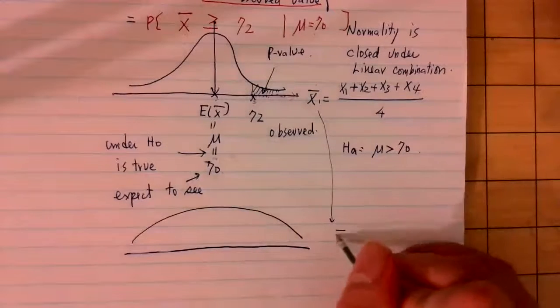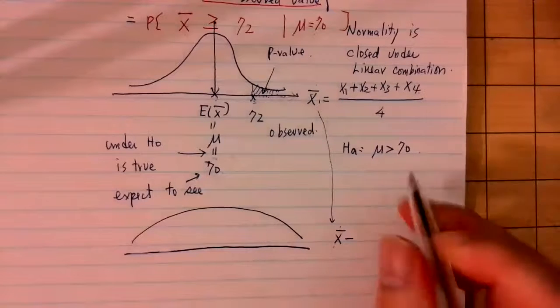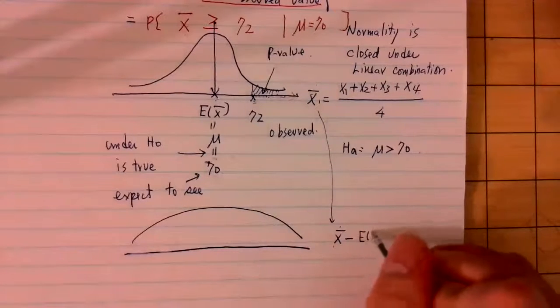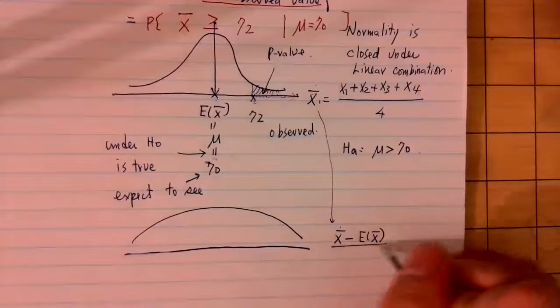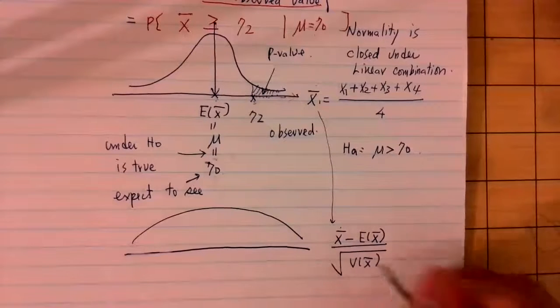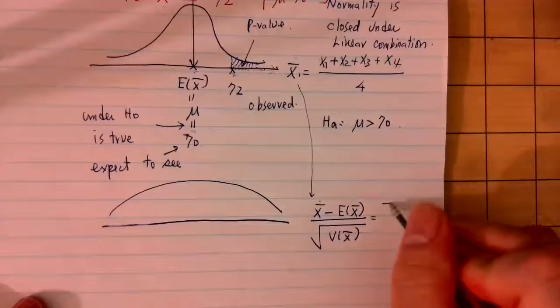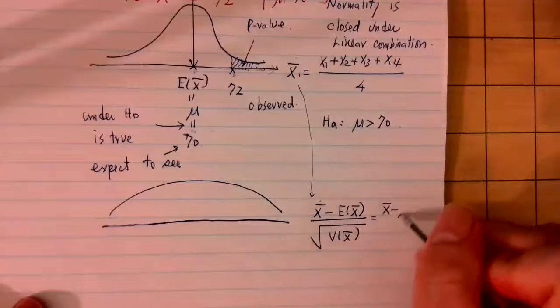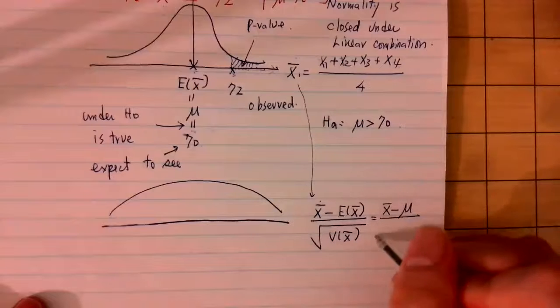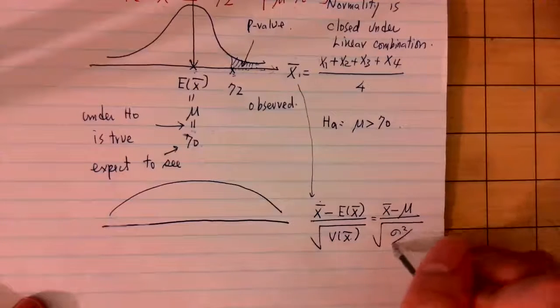Standardization always goes this way: a variable, subtract its mean, divided by its standard deviation. E of X bar is the mean, and the variance of X bar is sigma squared over n.